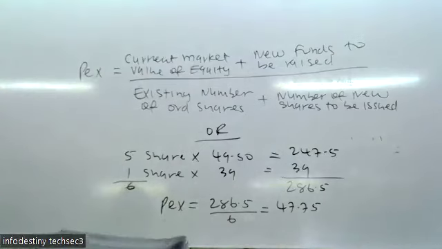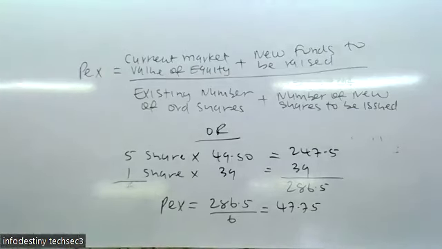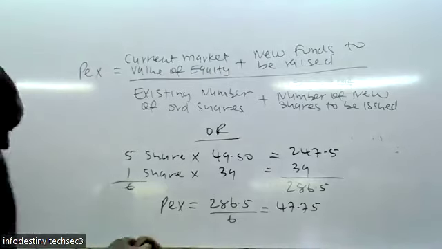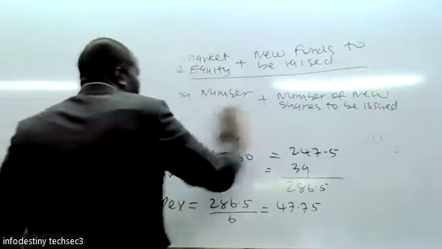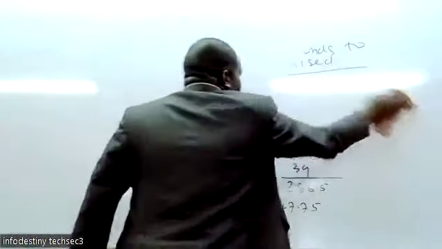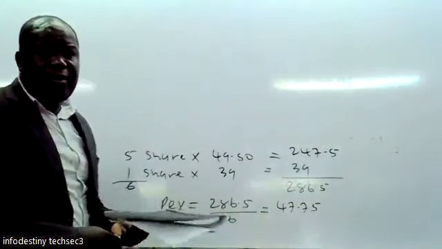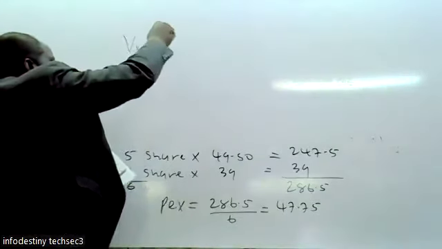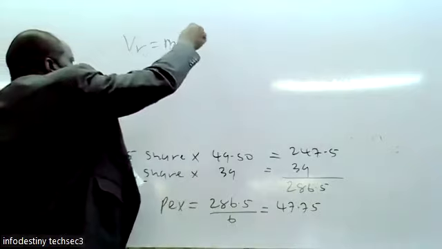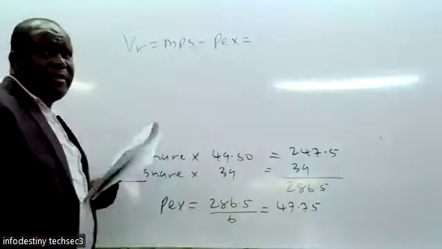Then finally, Roman letter 3, they wanted you to get the value of the rights. So the value of the right is supposed to be market price per share minus the theoretical X-right price.